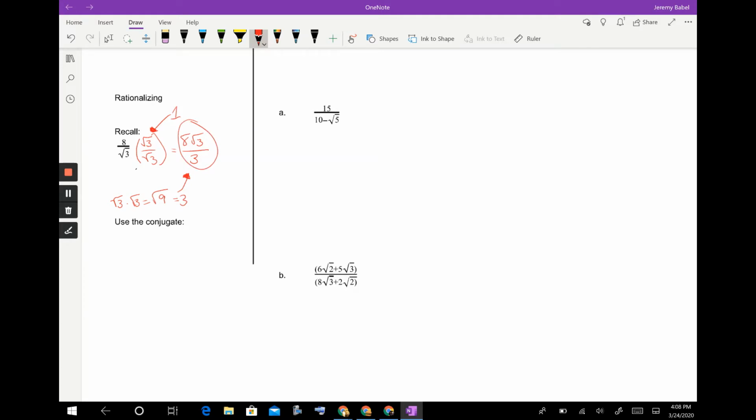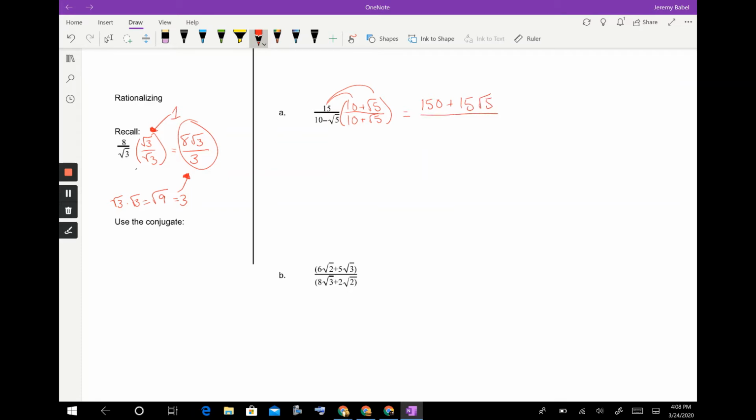Here we rationalize by multiplying by the conjugate. So 10 minus root 5 is a conjugate of 10 plus the square root of 5. So over 10 plus the square root of 5. Do that multiplication. On the top, we would have 15 times 10 is 150. And then 15 times root 5, distributing here, would give us plus 15 square root of 5.